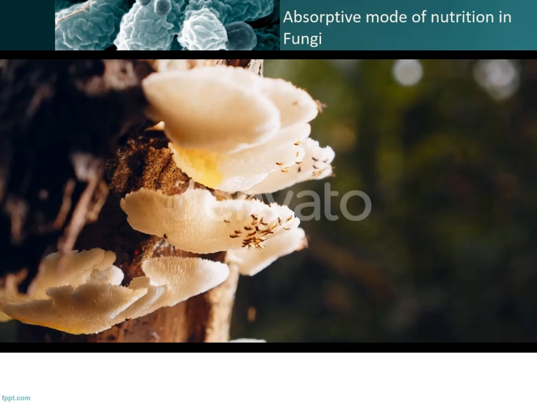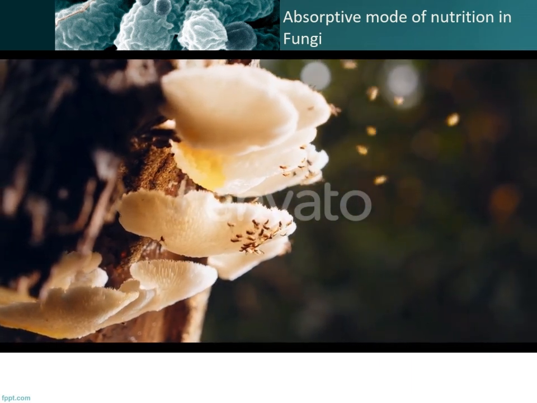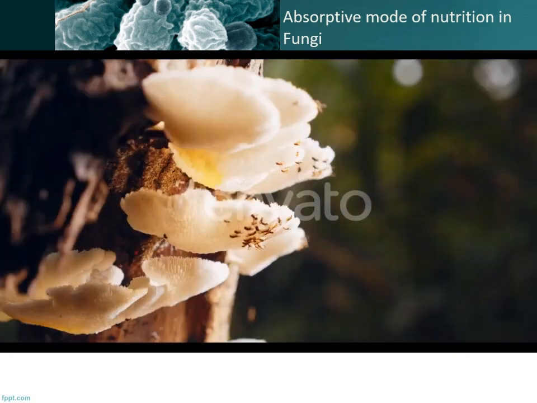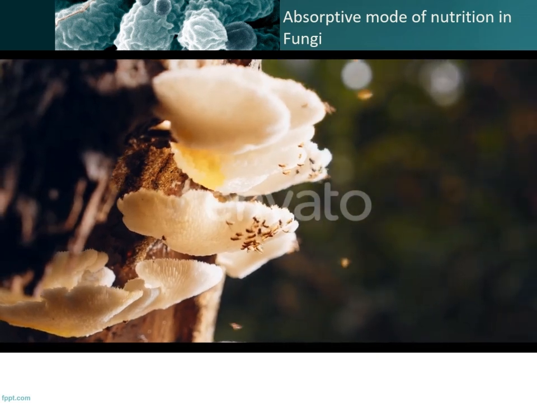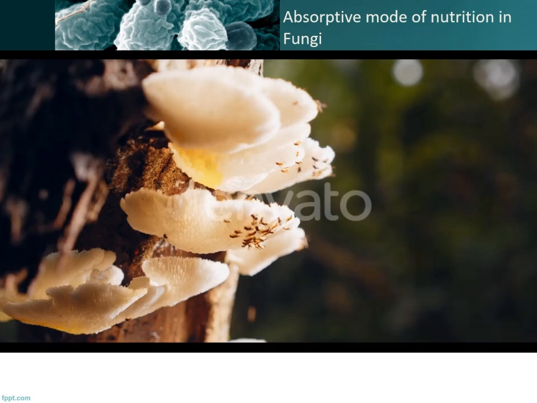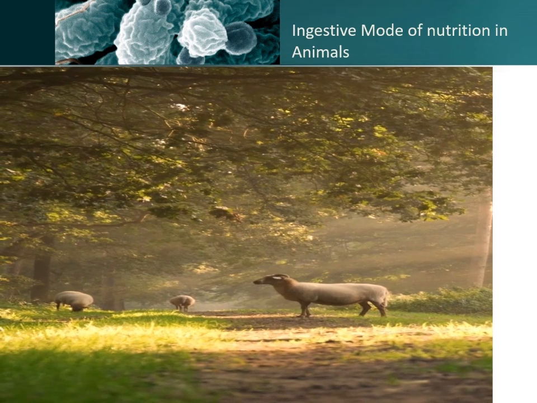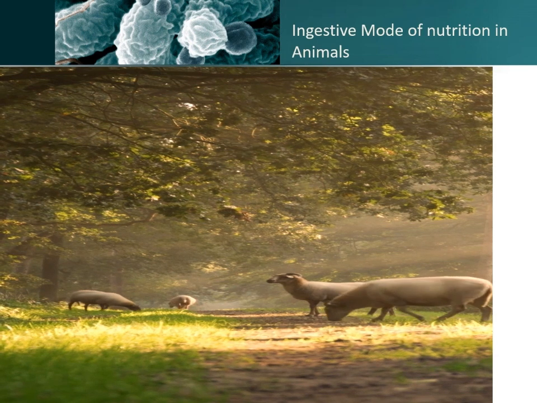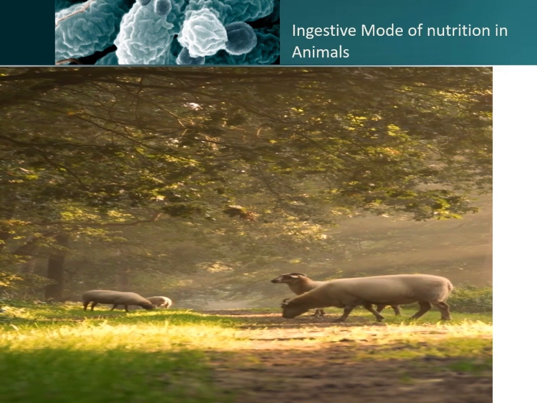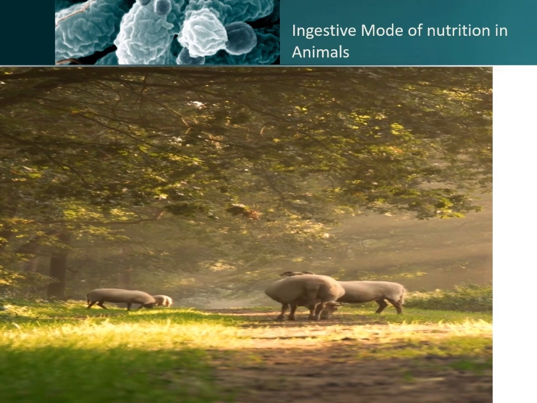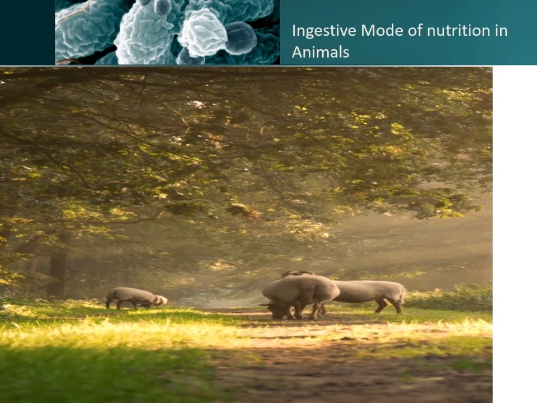Fungi show the heterotrophic mode of nutrition, which is also called digestive mode of nutrition, to derive its nutrition from the organism on which it grows. Then look at the kingdom animal in which ingestive type of nutrition is present. That is, animals are able to eat both plant and other animals to derive their cellular components.